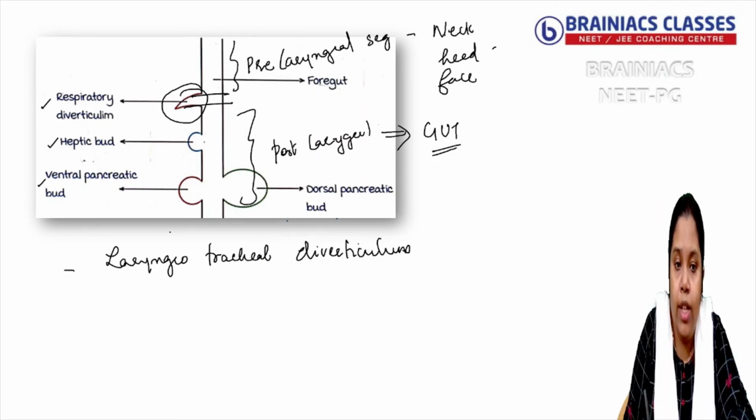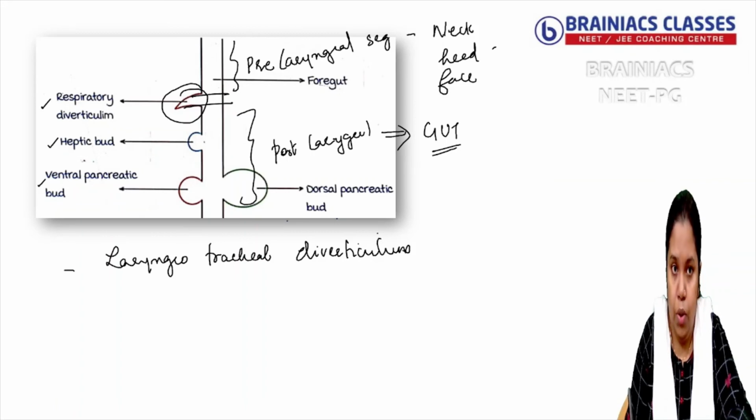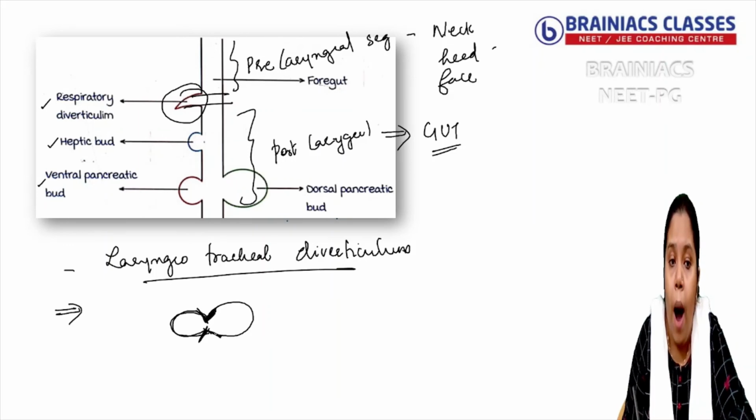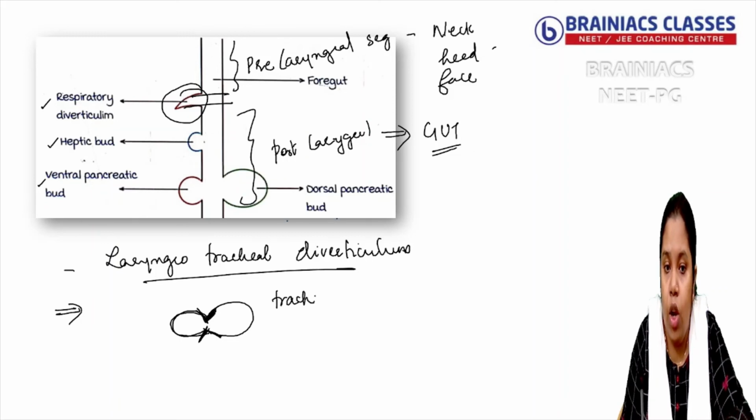Now, if you take this laryngotracheal diverticulum, one diverticulum is formed from the foregut tube. First, a transverse ridge will start to appear in the laryngotracheal diverticulum, and this is called the tracheoesophageal ridge.